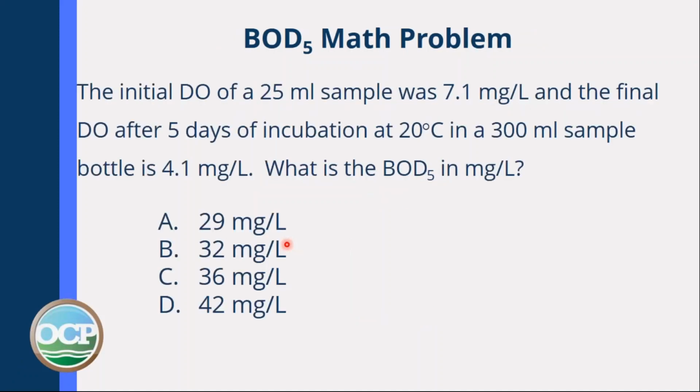So here is one that you can do yourself. The initial DO of a 25 ml sample was 7.1. 5 days later, the dissolved oxygen level was 4.1. The test sample was in a 300 ml bottle.